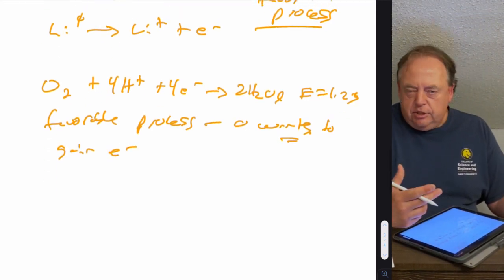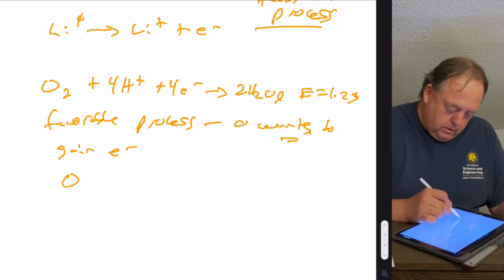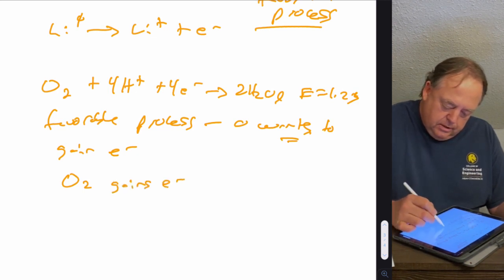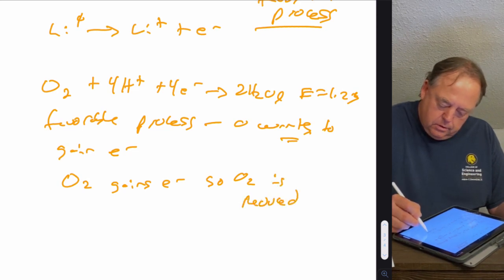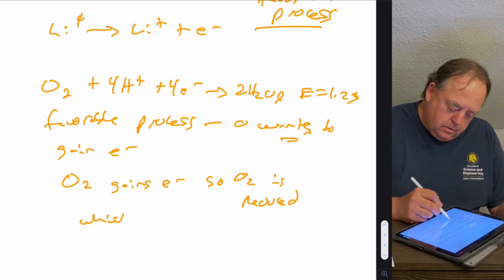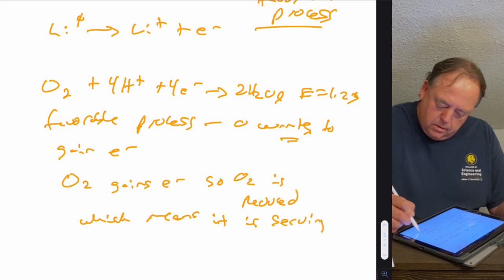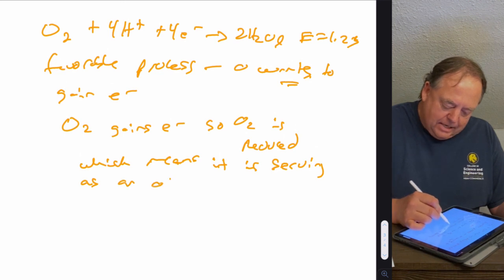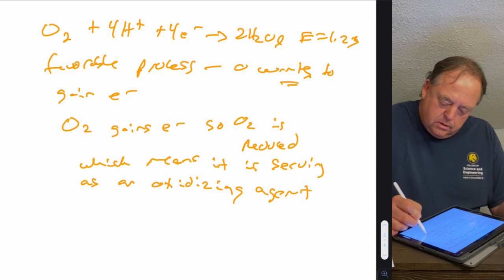So in this reaction, is oxygen serving as an oxidizing or a reducing agent? O2 gains electrons, so O2 is reduced, which means it is serving as an oxidizing agent.